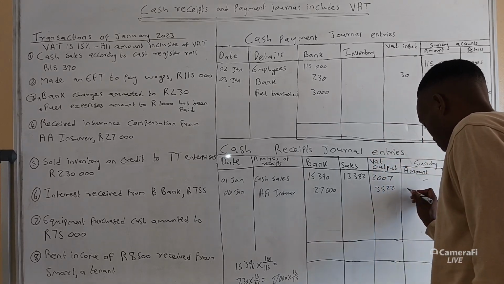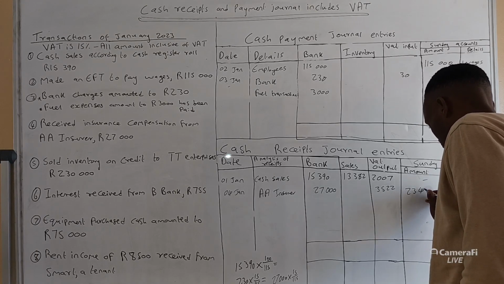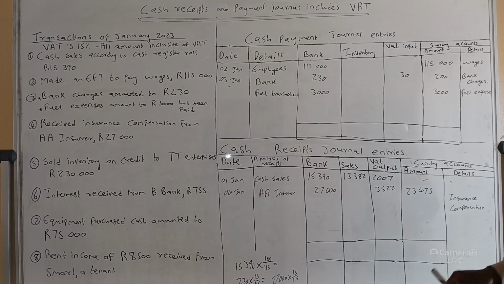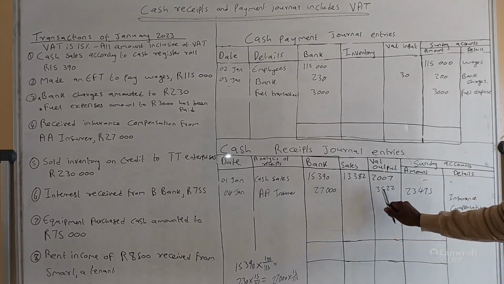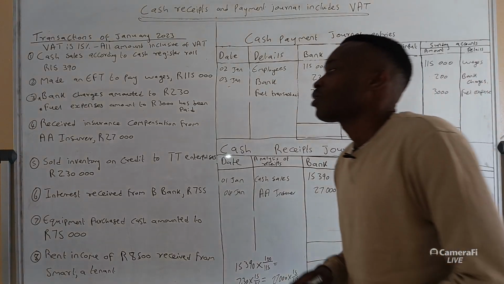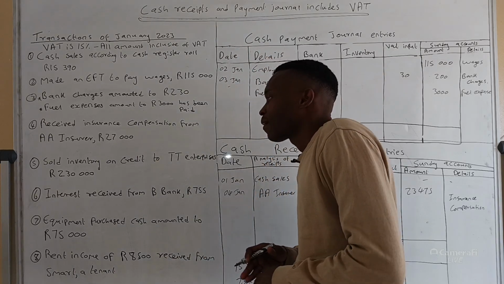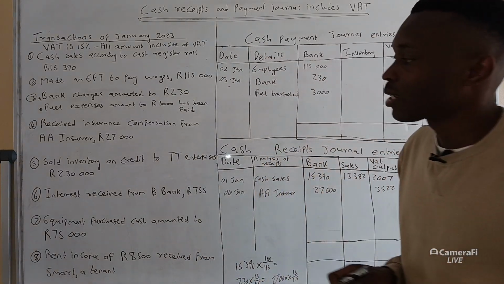Then the amount without VAT will be 23,478. You simply take 27,000 and subtract this one, you will get this amount. Okay, simple as that.